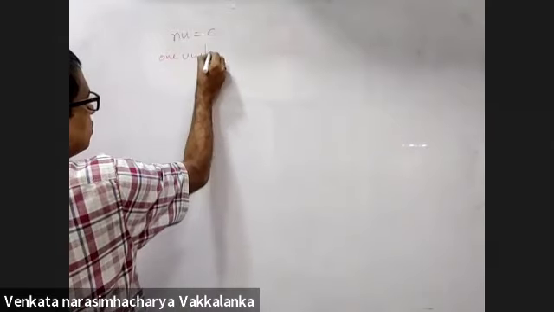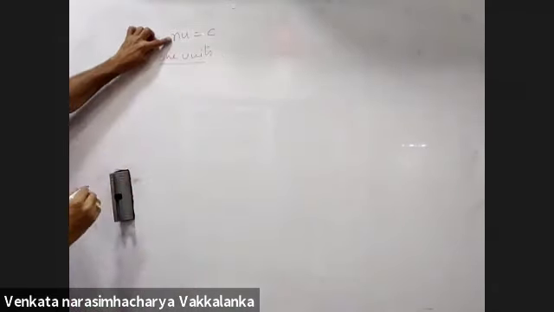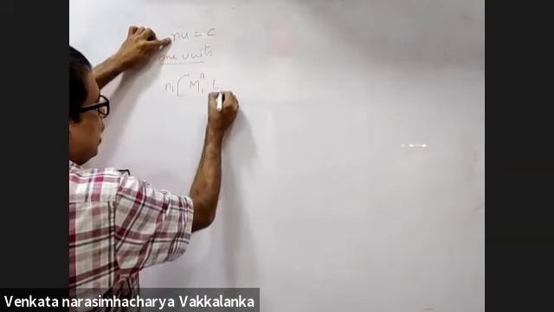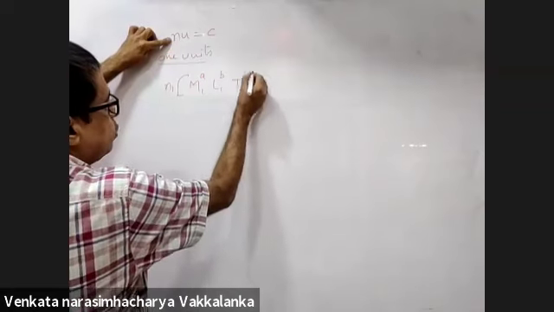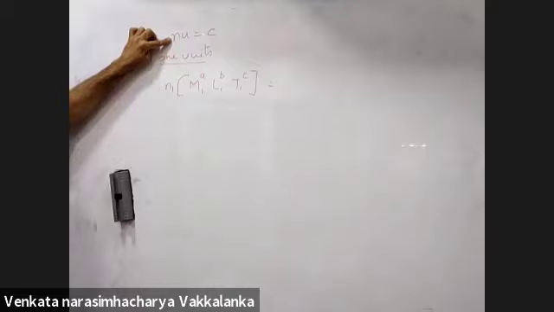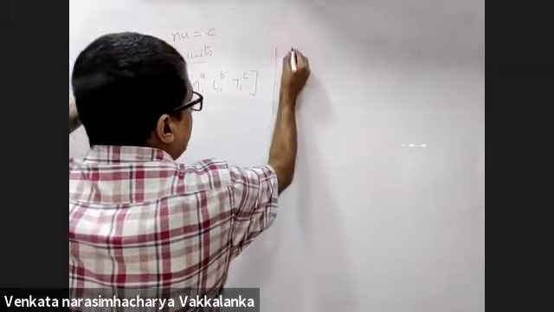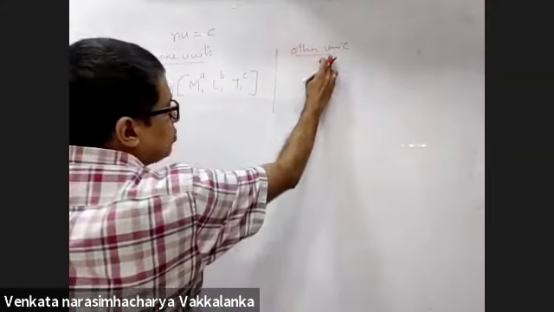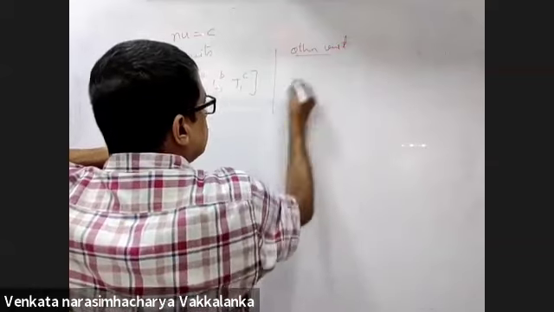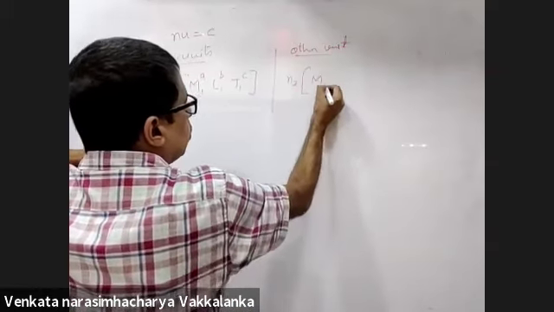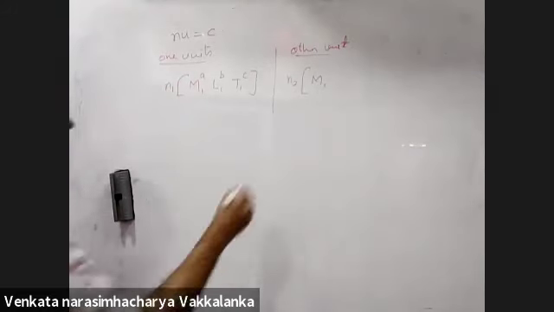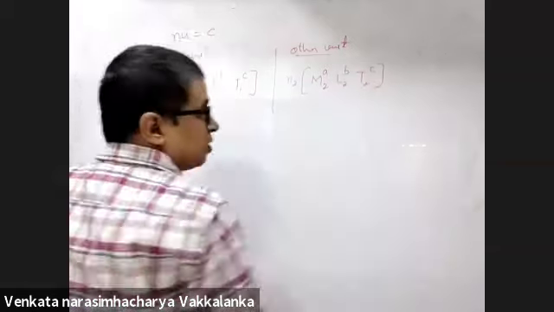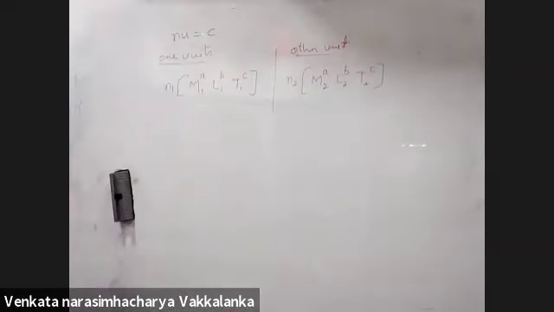In one unit system you will have N1, M1 to the power A, L1 to the power B, T1 to the power C. In the other unit, that may be SI unit, CGS unit, however it is, they'll ask you the conversion. N2, M2 to the power A, L2 to the power B, T2 to the power C. Equate both of them, you will get the value.